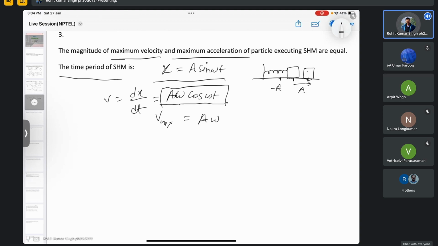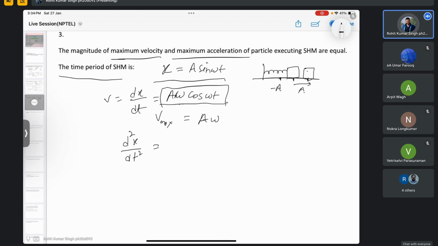So for acceleration, we will differentiate it once more. So d square x by dt square, and when we again differentiate it, cos theta goes to minus sine theta.